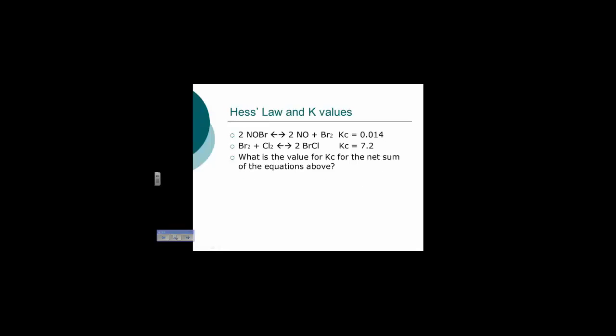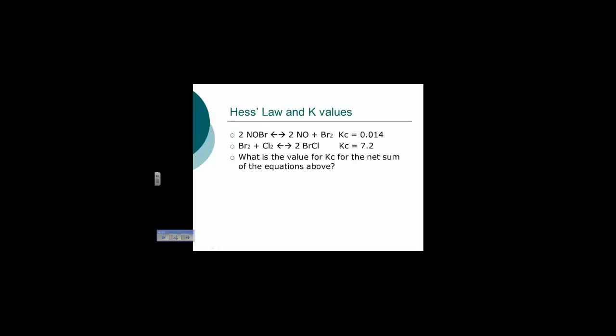2 units of NOBr is in dynamic equilibrium with 2 NOs and Br2. Notice the Kc given, 0.014. Second equation given, Br2 and Cl2 in dynamic equilibrium with 2 BrCls. Its Kc is 7.2.